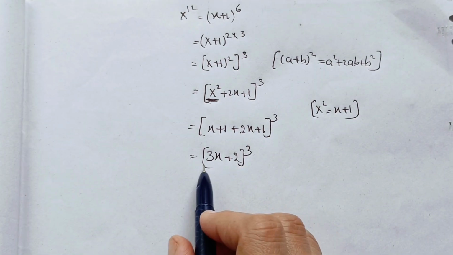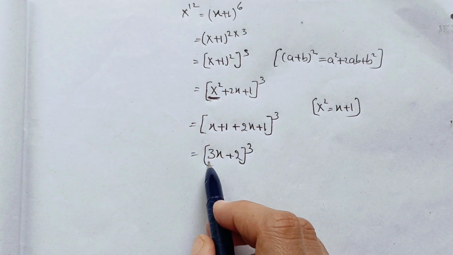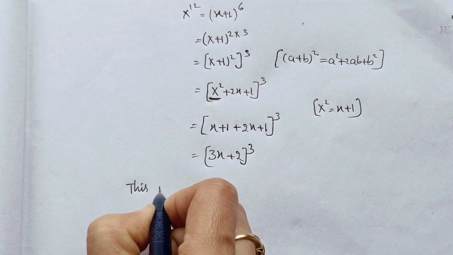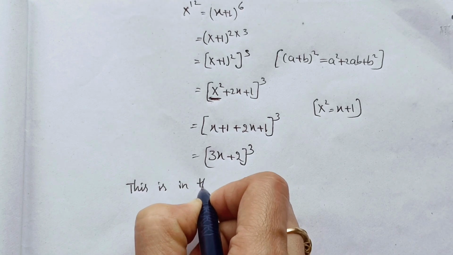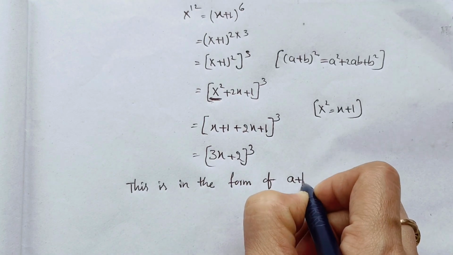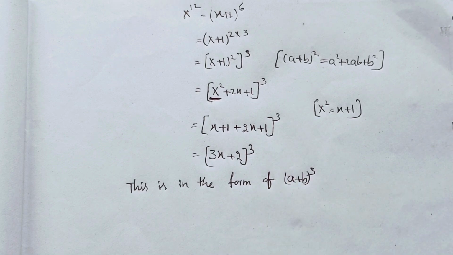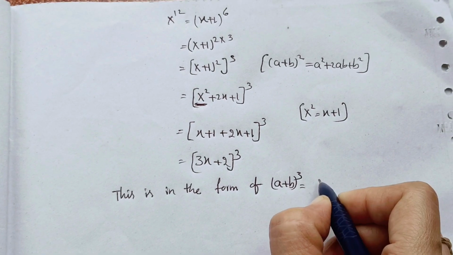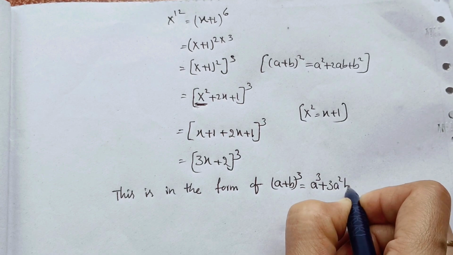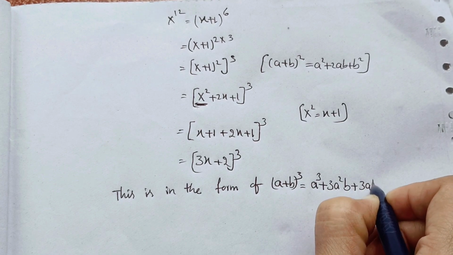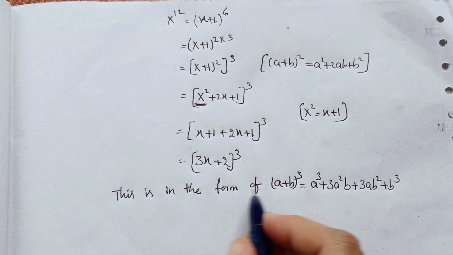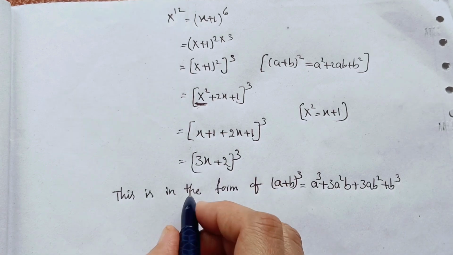Again, just look here, this is in the form of (a plus b) whole cube, and we know the formula: a cube plus 3a square b plus 3ab square plus b cube. According to this formula we are going to write this.